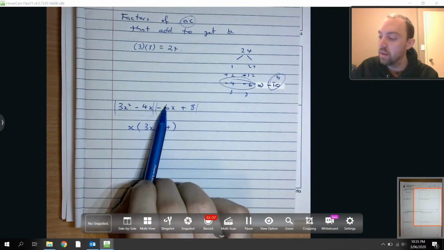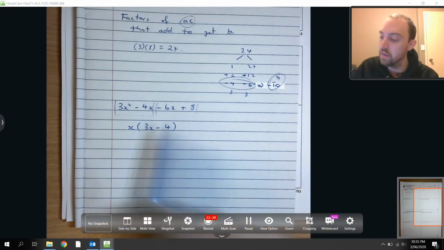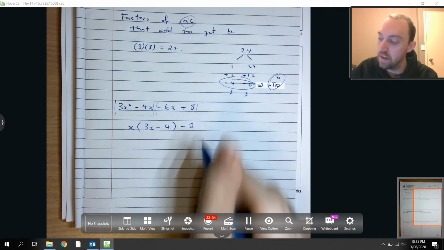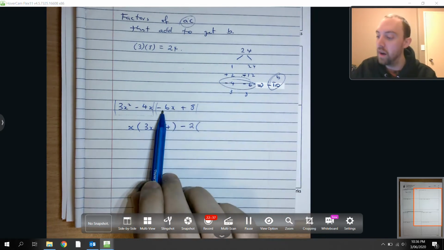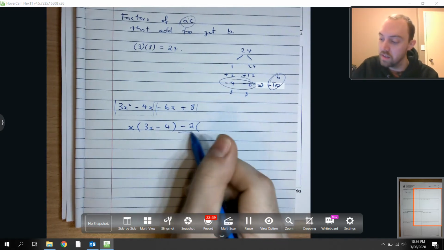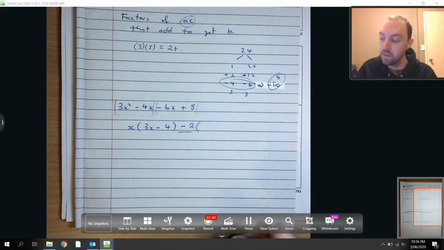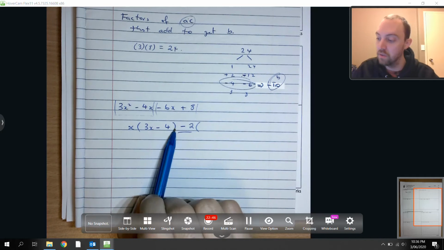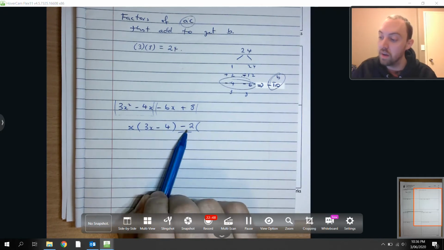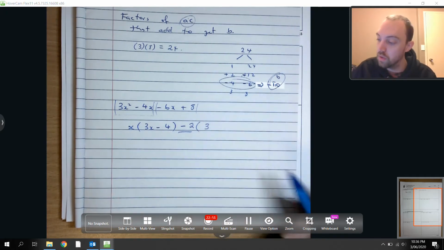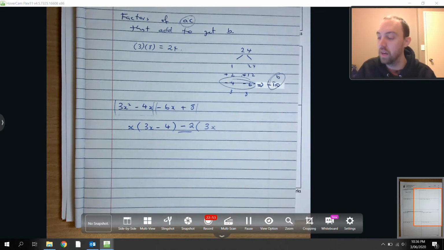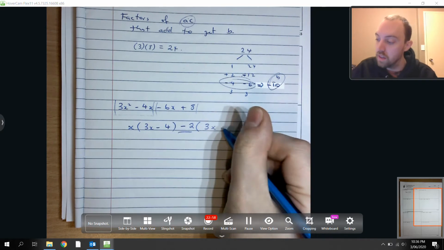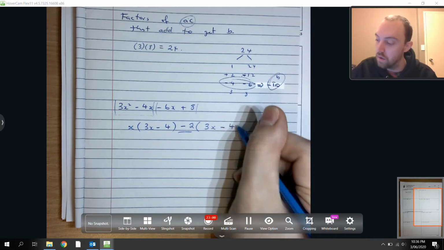And because this negative 6 is here, I'm taking negative 2. I'm dividing each of these terms by negative 2 because the sign in front of the number always comes with it. Negative 6 divided by negative 2 is 3, with an x next to it. 8 divided by negative 2 is negative 4.